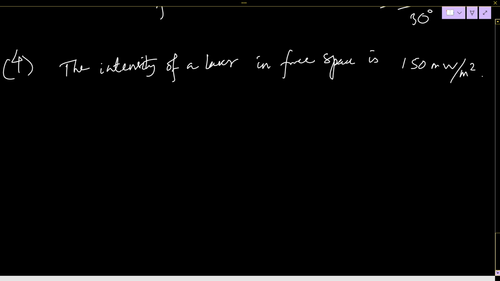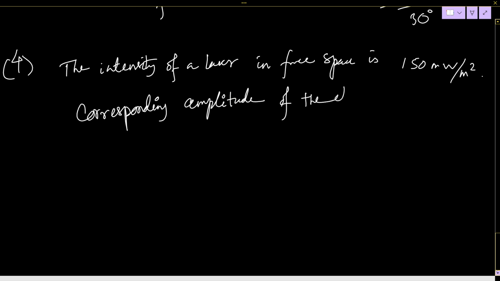Okay. The corresponding amplitude of the electric field of the laser is?